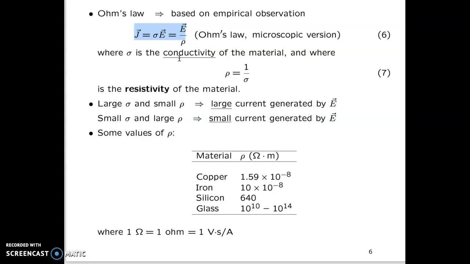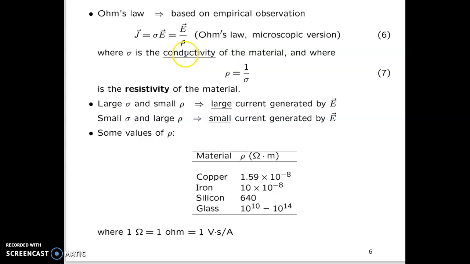And if you think about what this means, the bigger sigma is, the bigger the conductivity, then you're going to get a greater current density, therefore a greater current, more charge flowing per unit time, for any given value of an electric field. So the bigger the conductivity, the bigger the response to the electric field in terms of the current density. Okay, so sigma is the conductivity of a material.